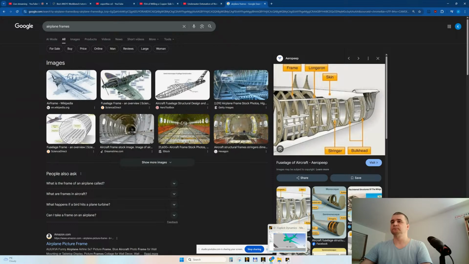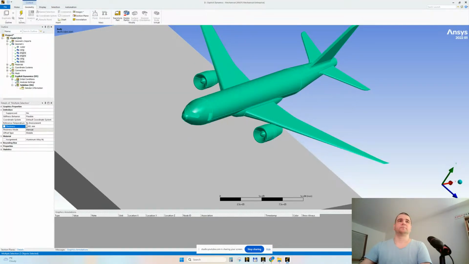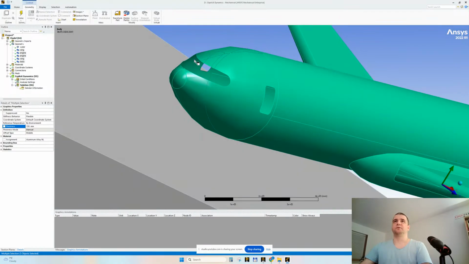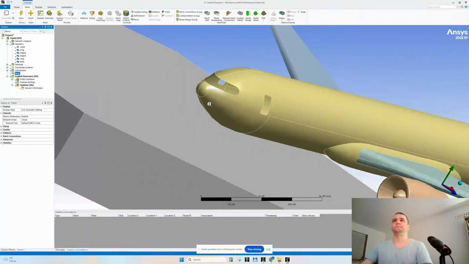But we're assigning such a thickness for the entire body, okay? You will see the thickness in a few seconds. Now the thickness is 0 because we didn't make the mesh.